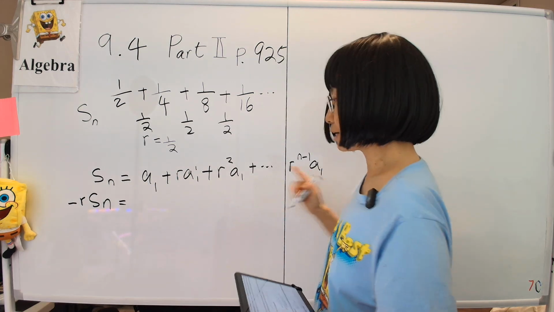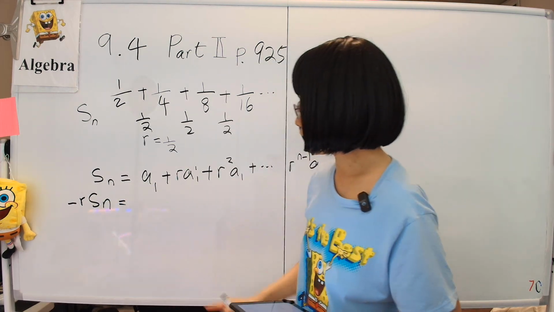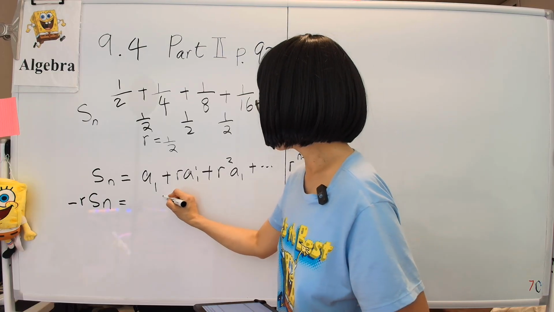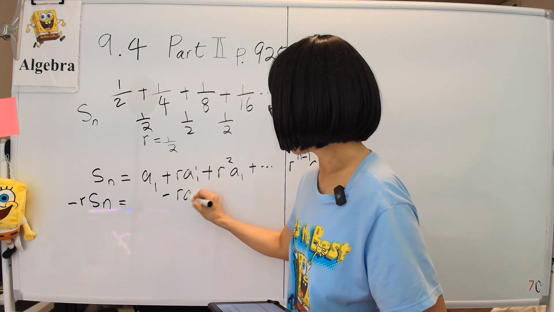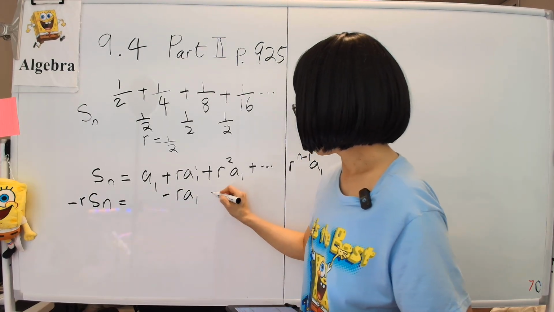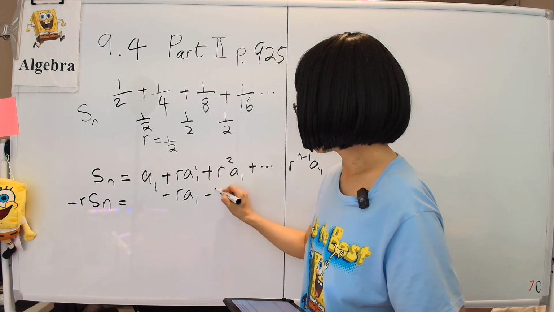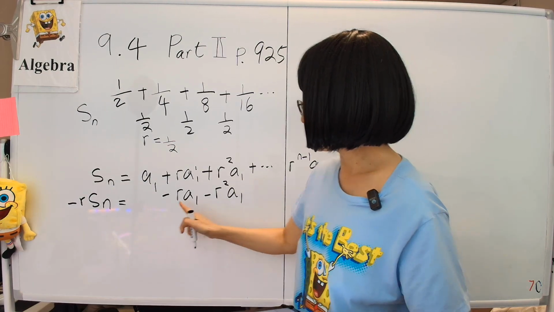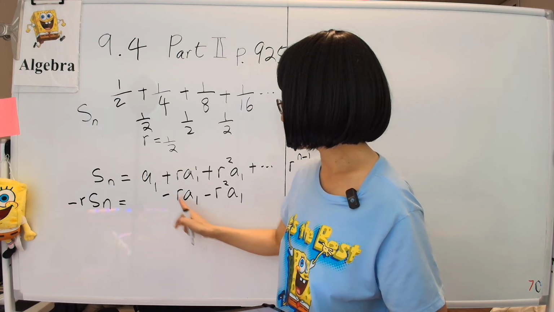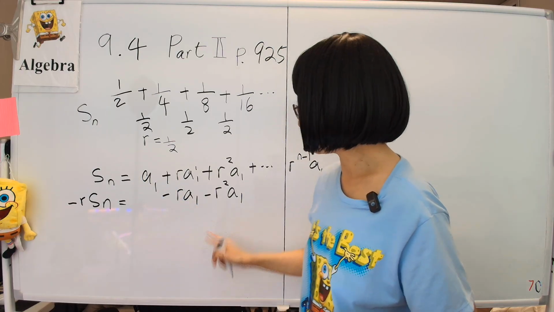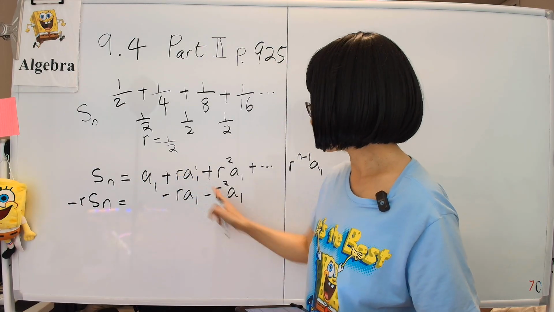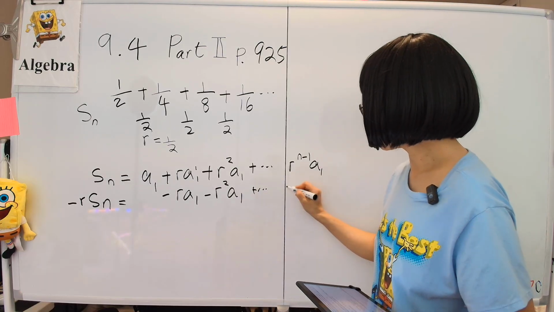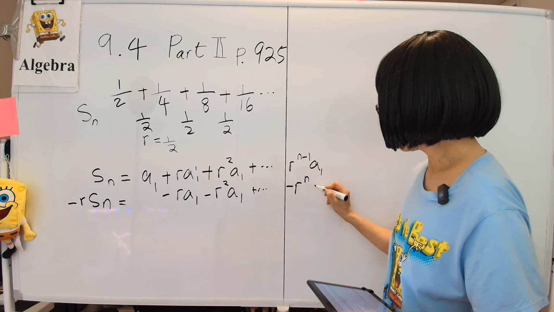That is, this whole thing will be multiplied by negative R. If we do that, then we will get minus R A1, and plus minus R squared A1, because this term times minus R. This one is that thing times minus R, etc., and then all the way to this one becoming minus R to the n A1.